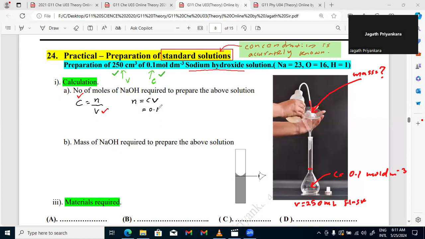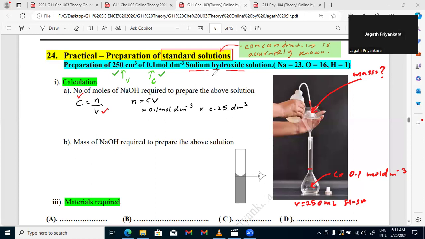What is C here? 0.1 mole per cubic decimeter. And the volume, you have got 0.25 dm3. The reason is that we had to convert the 250 volume to cubic decimeters.